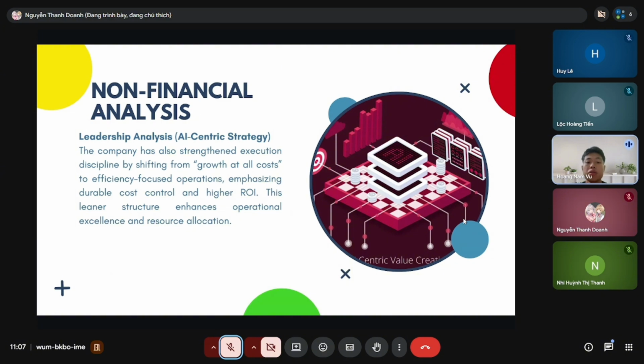The company has also strengthened execution discipline by shifting from growth at all costs to efficiency-focused operations, emphasizing durable cost control and higher ROI. This leaner structure enhances operational excellence and resource allocation.